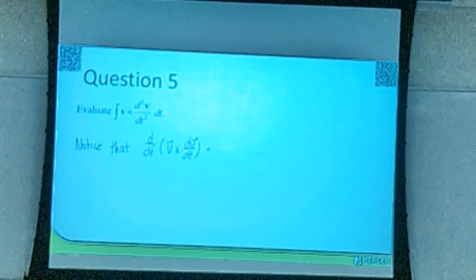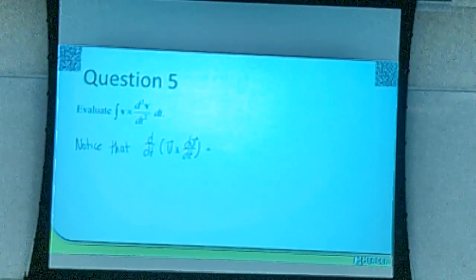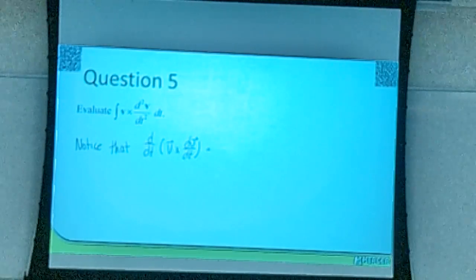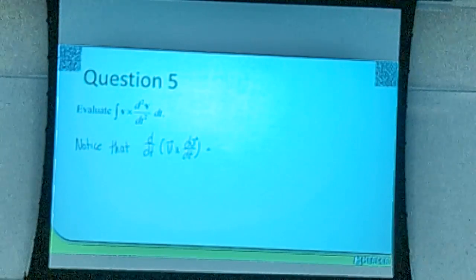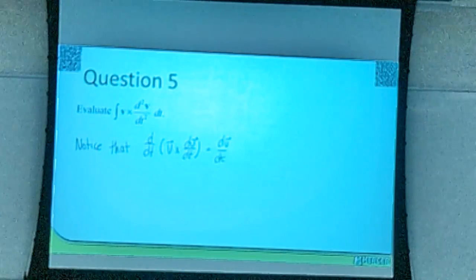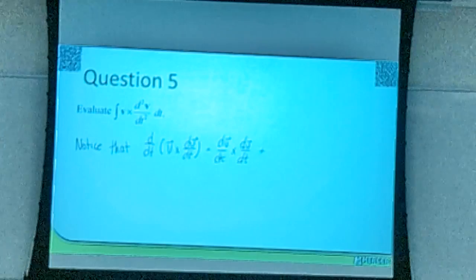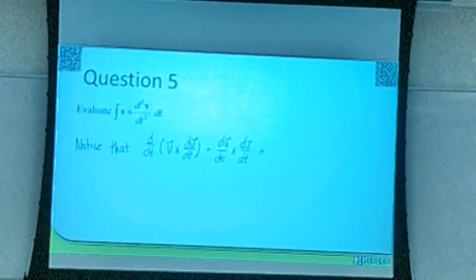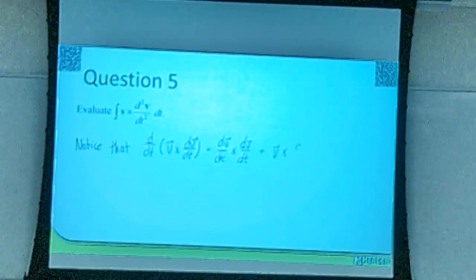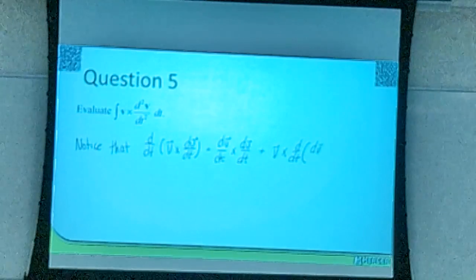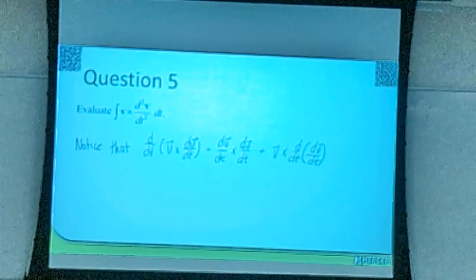Well, first, if we take the derivative with respect to time of v cross dv dt, right? Derivative of the first times the second, or in this case the cross, plus the first cross the derivative of the second.